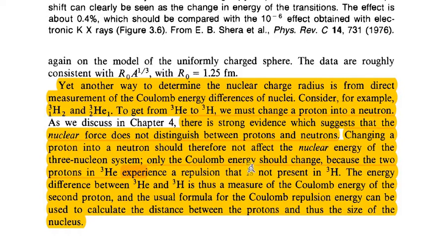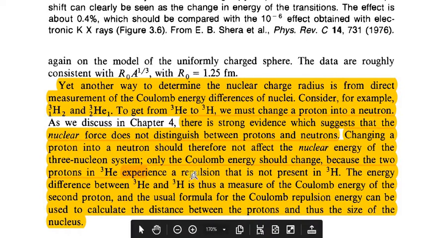Only the Coulomb energy should change because the two protons in 3He experience a repulsion that is not present in 3H. The energy difference between 3He and 3H is thus a measure of the Coulomb energy of the second proton, and the usual formula for the Coulomb repulsion energy can be used to calculate the distance between the protons and the size of the nucleus.